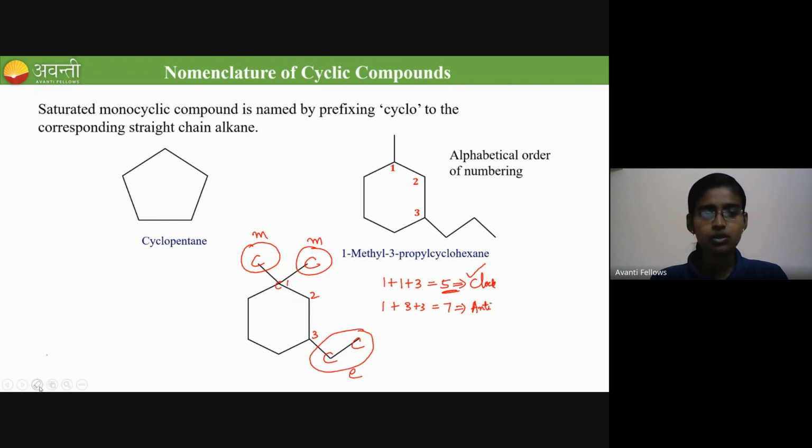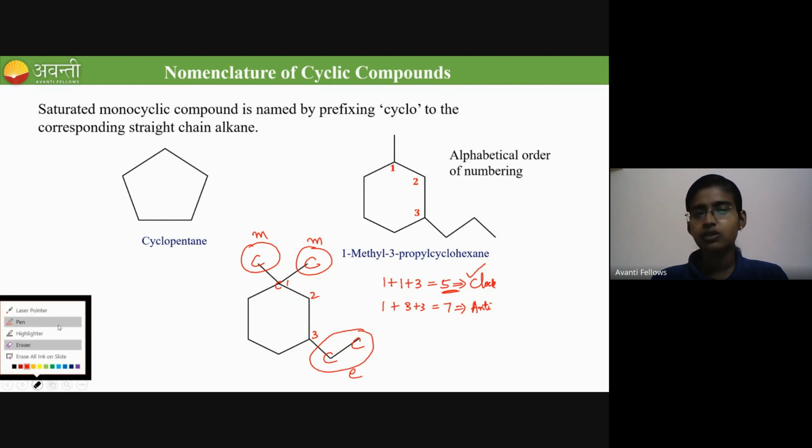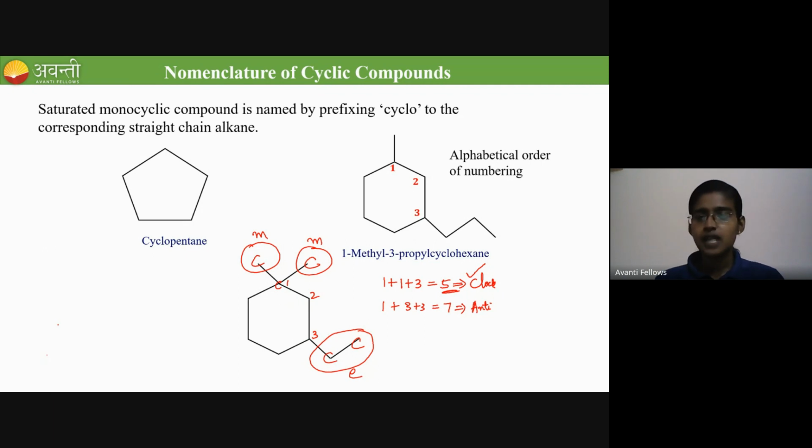Then what we have to do? I have to start naming the compound. Naming has to be done in alphabetical order, and E comes first in the alphabet. So the name will be 3-ethyl 1,1-dimethyl, and the ring contains 6 carbons, so it is called cyclohexane.